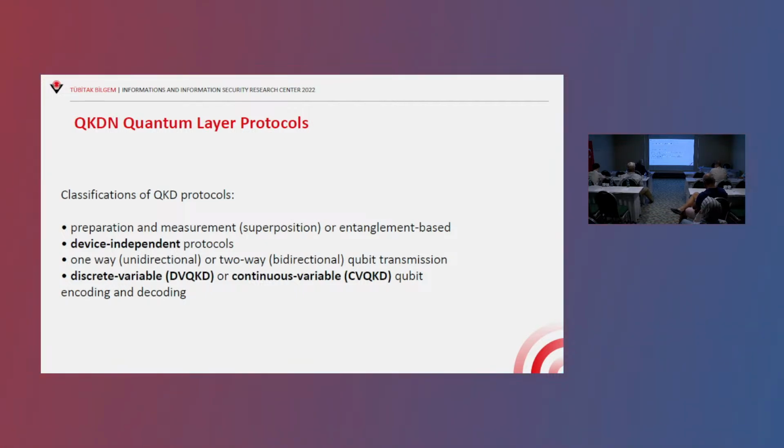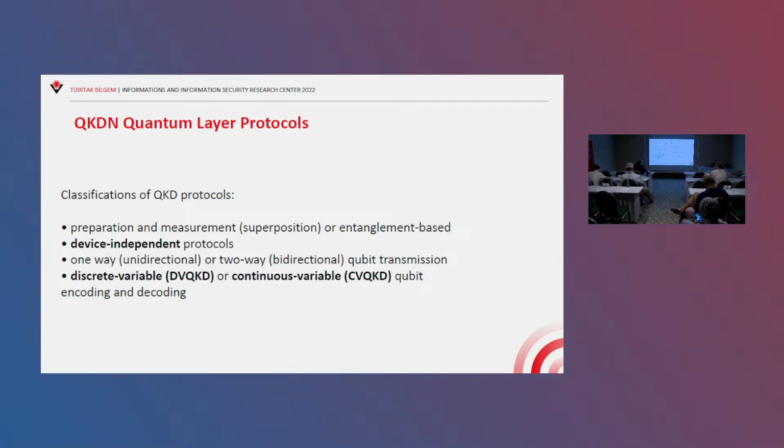In discrete variable QKD systems, one would use single photons. The information is encoded on the properties of a single photon. This would require, of course, single photon generation and single photon detection hardware.